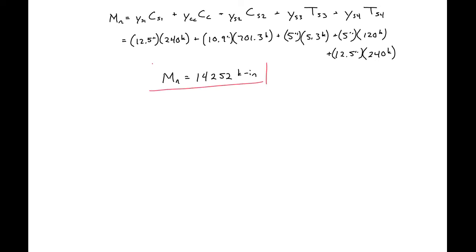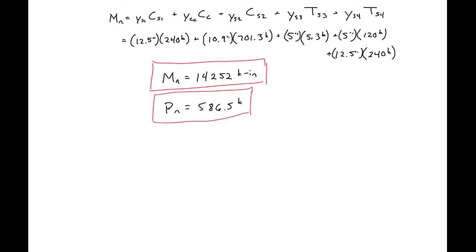So this would give us our moment, and then we remember our axial force from our previous slide of 586.5 kips. So we have our point for our diagram for tension controlled.